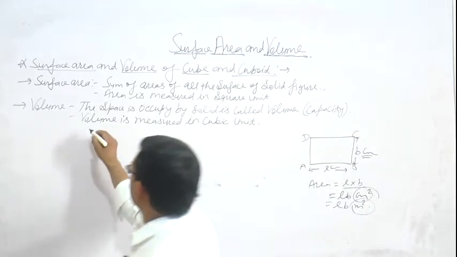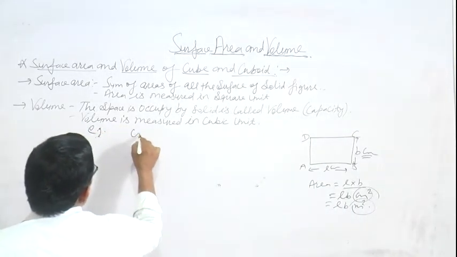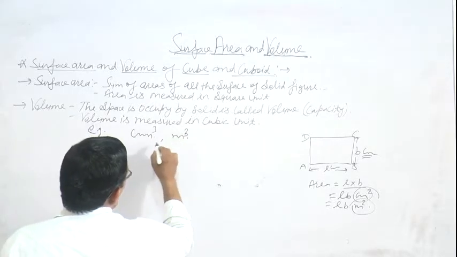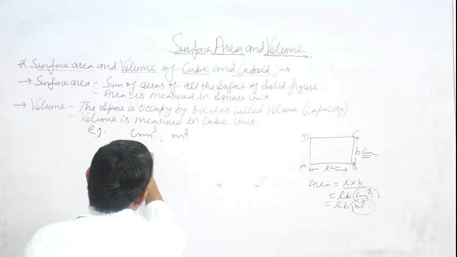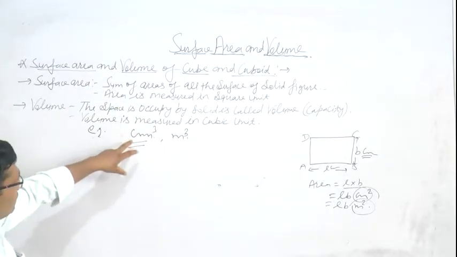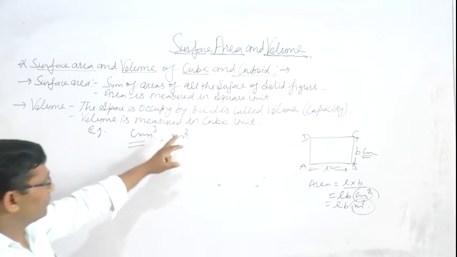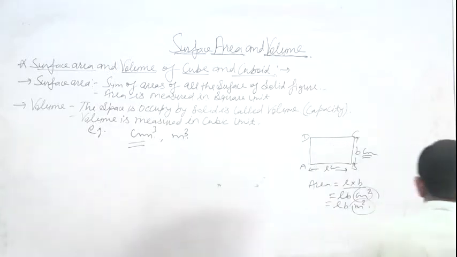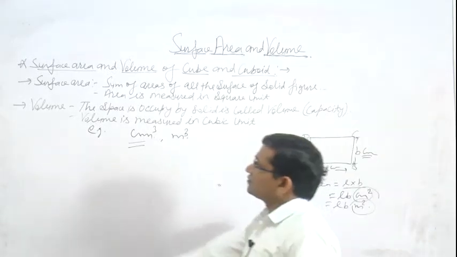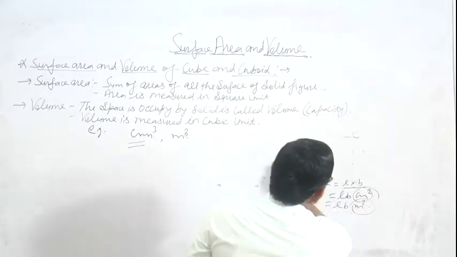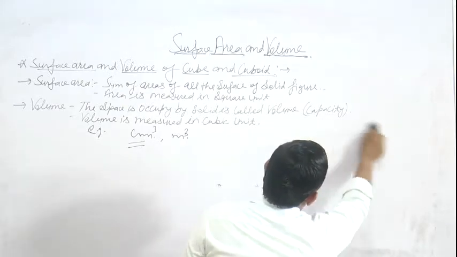It means centimeter cube, meter cube. If units are given in centimeter, then volume is measured in centimeter cube, and if units are given in meter, then we write meter cube. So these are the definitions of surface area and volume. Clear? Okay.